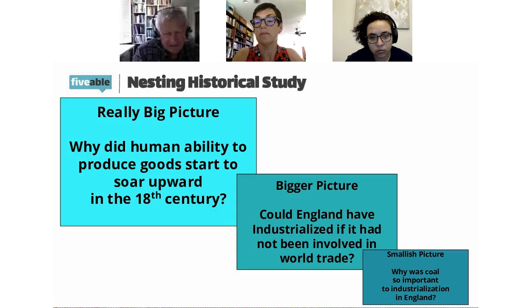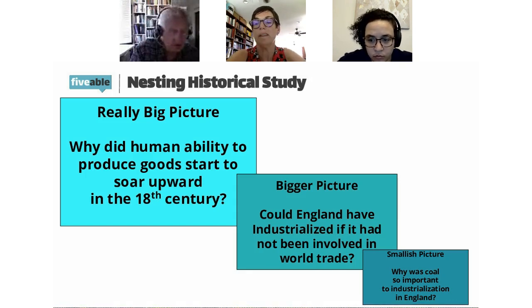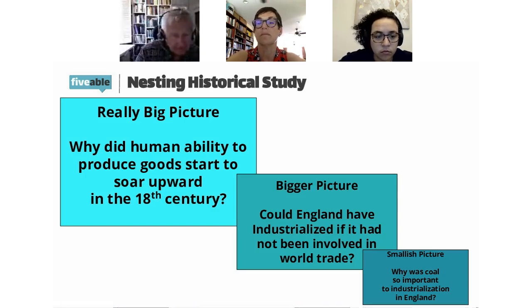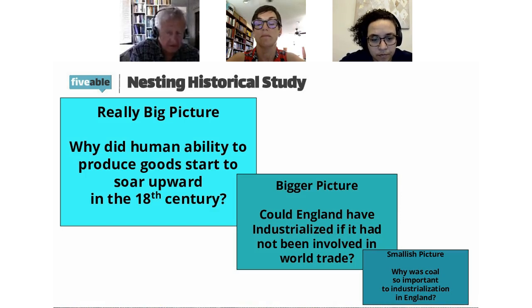But that leaves some other things open. If you said, why did the Industrial Revolution occur in England? That might be part of the main answer: oh, because they have coal, or because they have a lot of fast-moving streams, or one or another thing. But let's go to a bigger picture. How could England have industrialized if it had not been involved in world trade? Would it even have been possible?